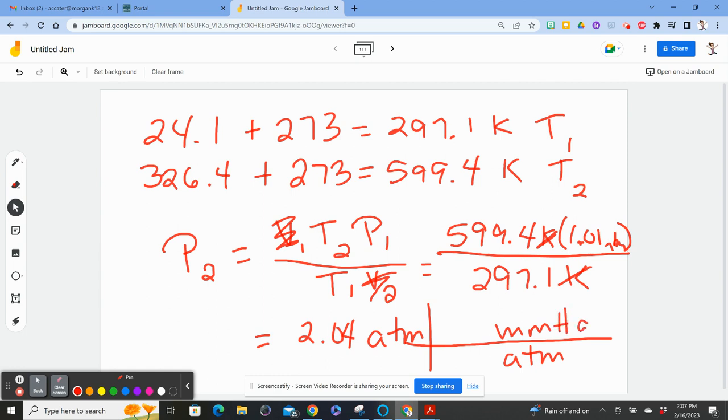That unit multiplier is in your notes: 1 atmosphere is equal to 760 millimeters of mercury. So those cancel out. I'm just going to multiply by 760, and that gives me 1.5 times 10 to the third millimeters of mercury. I rounded it to 1.5.